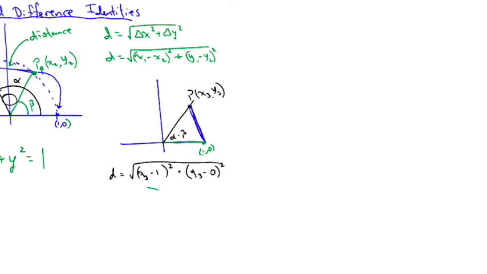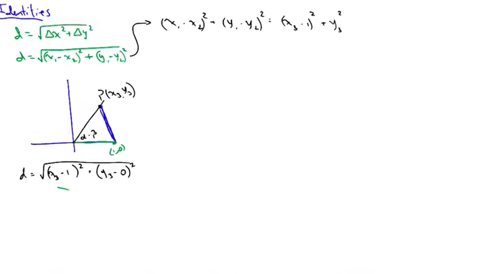So this one, x1 minus x2 all squared plus y1 minus y2 all squared, is equal to that one down there, x3 minus 1 all squared plus y3 squared. All right, ready? Now the fun.